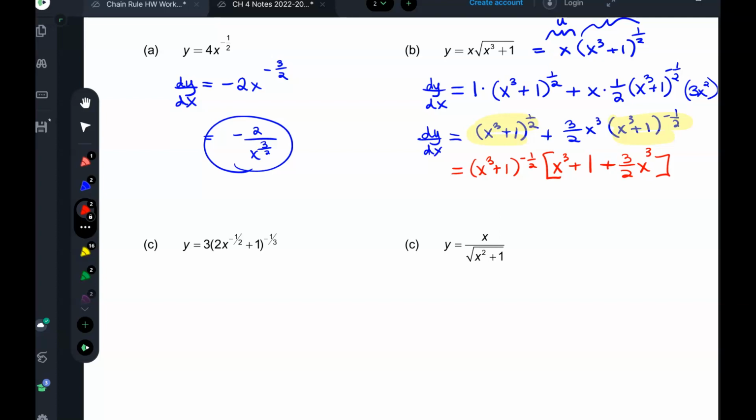This still isn't quite simplified. You can combine the 3/2 x cubed. Yeah, because they're like terms. So you can combine those. So what's that? 5/2 times x cubed. So my final.